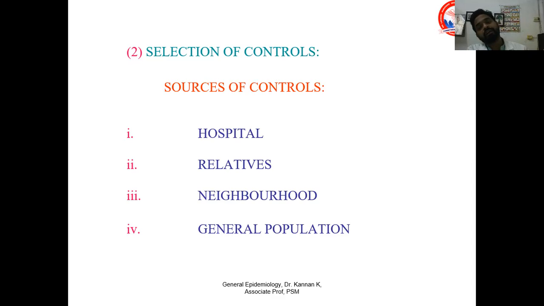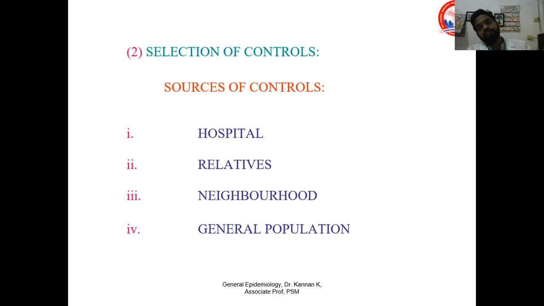Then relatives: we can take relatives of patients, and by using relatives we are going to eliminate the genetic impact on that particular disease, because these relatives of the patients will share a common genetic component, right? So we can control these genetic factors.